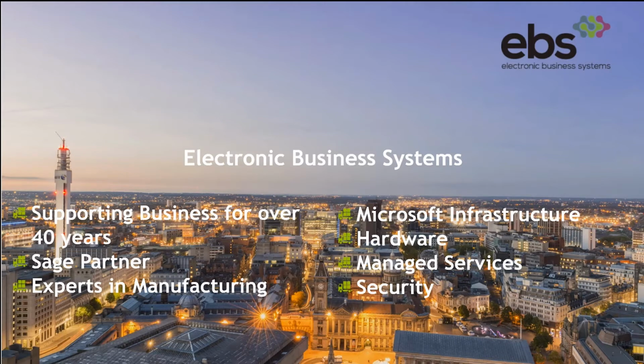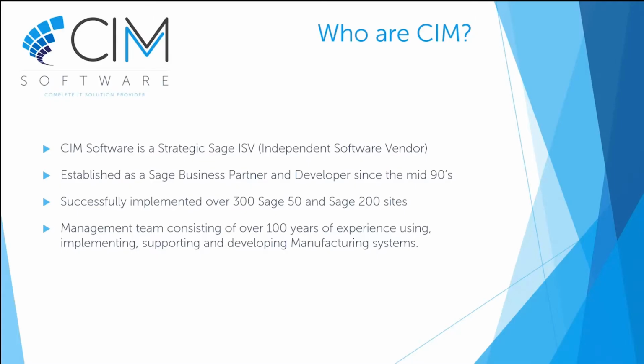Thank you, Darren. Okay, so who is Cim? Cim Services is a business partner much the same as EBS. We support Sage 50 and Sage 200 sites and have successfully implemented over 300 of those. But the other side of our business is the Cim Software division, which is our development side of the business.